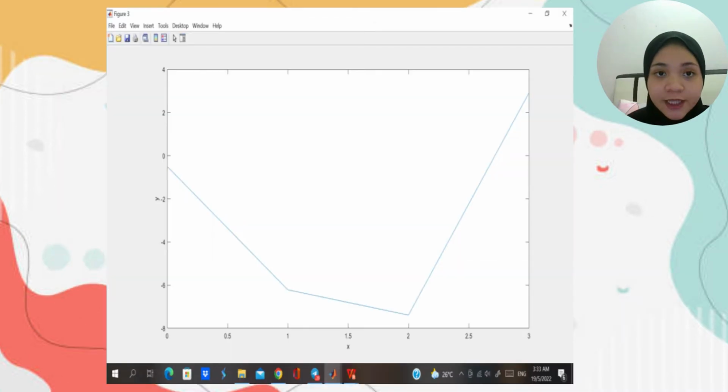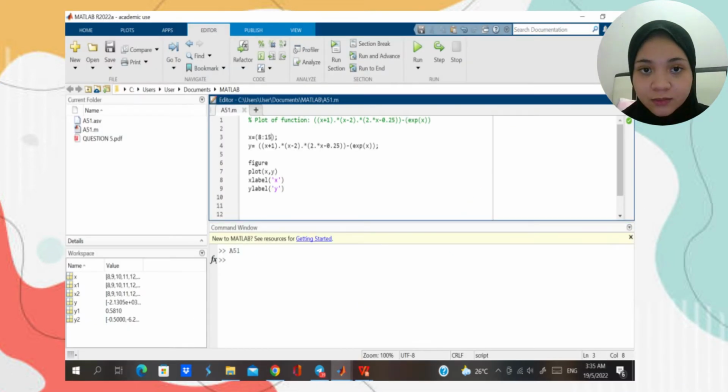So after typing all the script before this, just type run, and then the plotting for the same question but different plotting, which is where we use a range less than x less than 15.